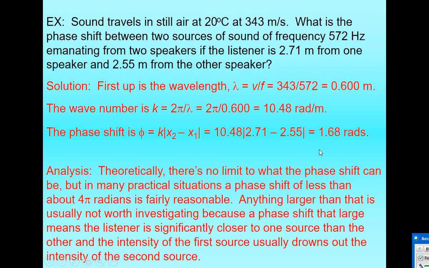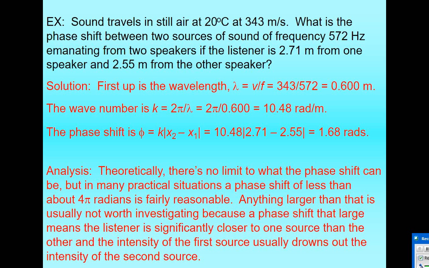Is there a practical upper limit? Maybe not super practical, but any phase shift greater than about 4 pi radians is probably going to result in an effect that is negligible. Why would it be negligible? Because as the path length difference gets larger, phi gets larger in value.